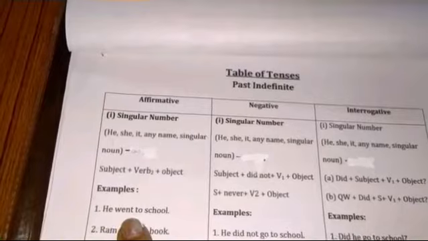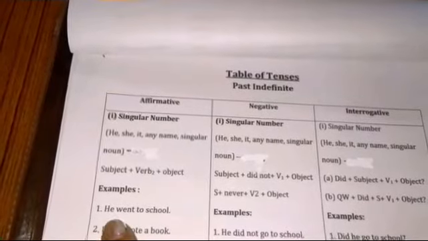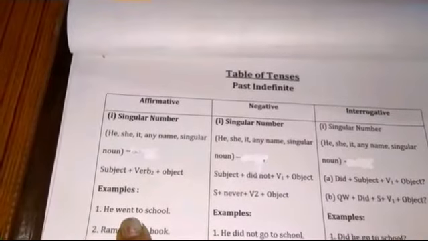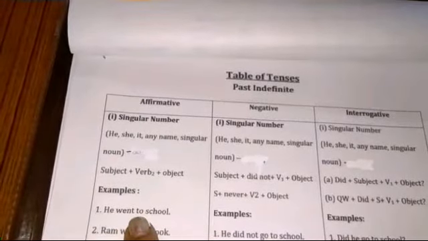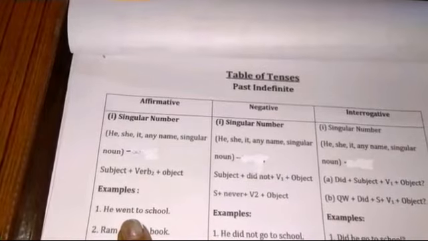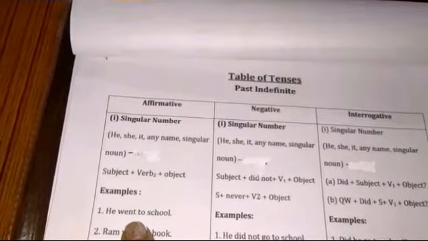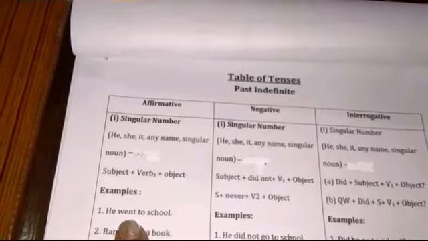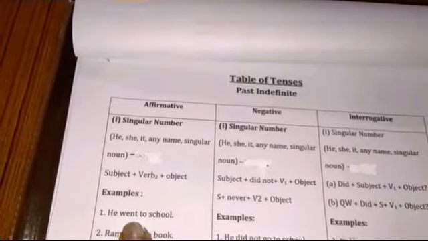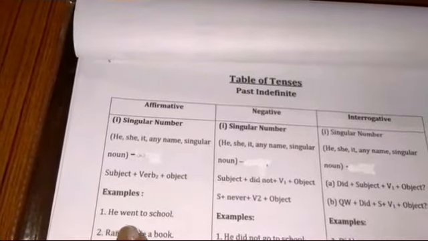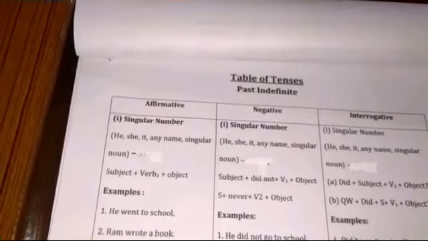He went to school. So this is the subject and then we use V second. Go is the first form of the verb and went is the second form of the verb. So we use V second in simple past. Then object. So, he went to school.